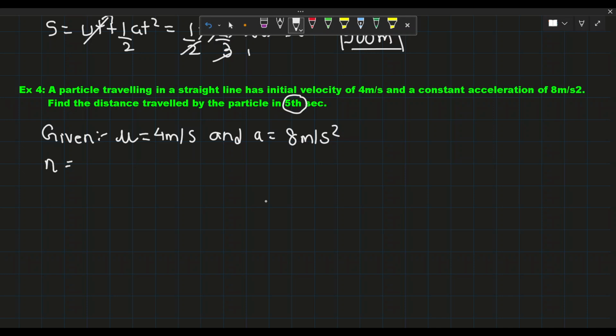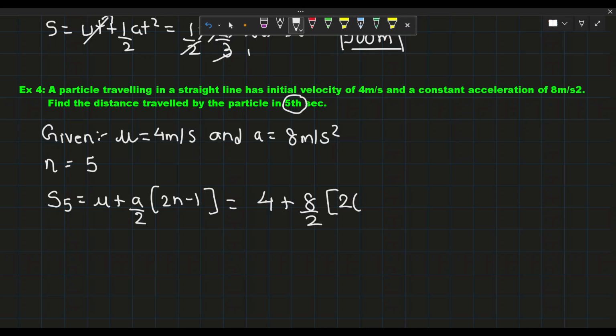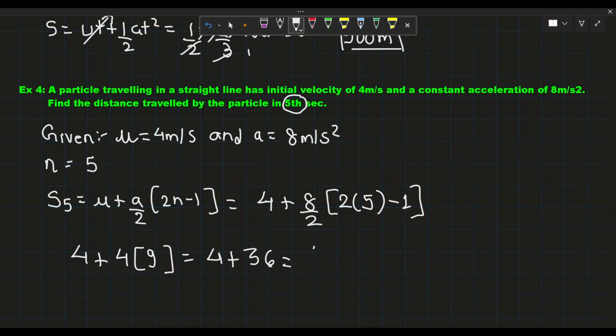So the value of n given in the question is 5. So we'll have to use the formula, which is your u plus a by 2 into 2n minus 1. Initial velocity being 4 plus 8 by 2 into 2 times 5 minus 1, which will be your 4 plus 4 times 9, 4 plus 36, which is 40 meters.